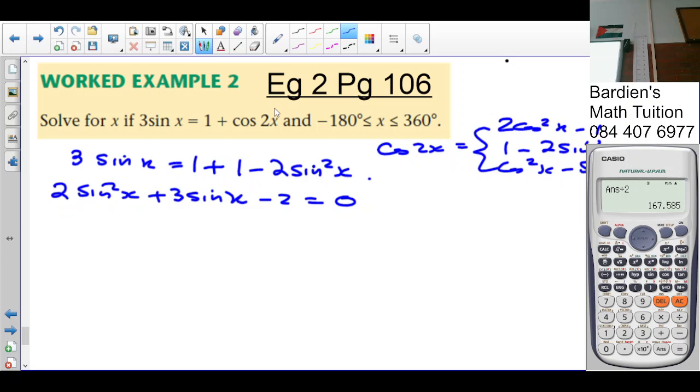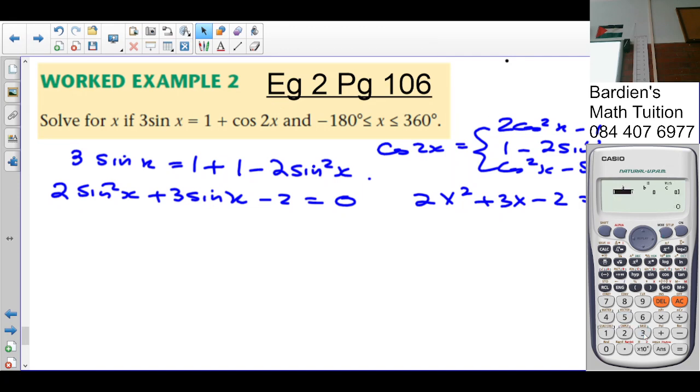The trinomial. Not so? So if the trinomial had read 2x squared plus 3x minus 2 is equal to 0, then that would have given us a solution of x equal to a half, or x is equal to negative 2.